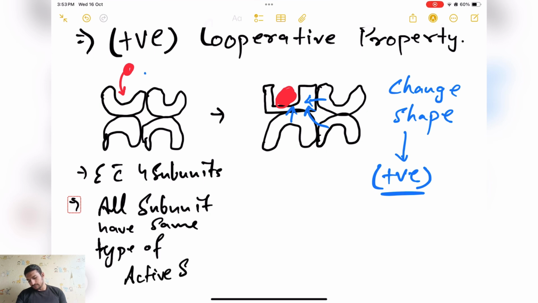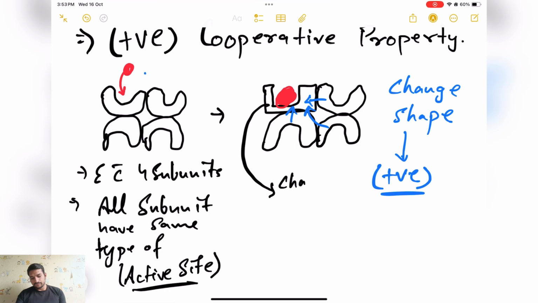All the four subunits have the same active site. Now here there is a change in structure, also known as the conformation change.